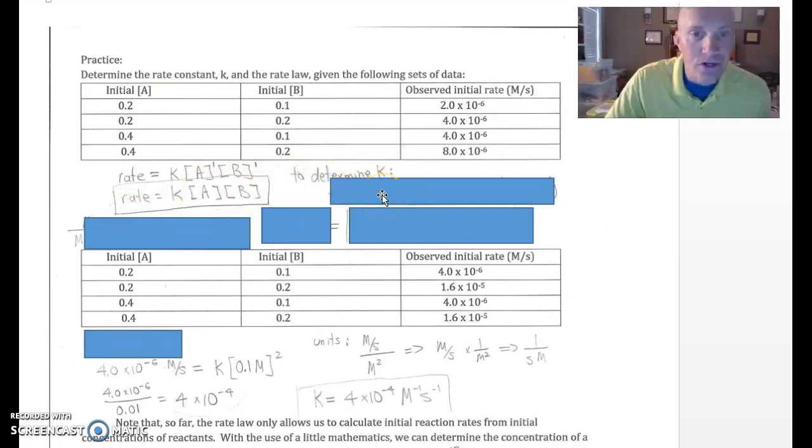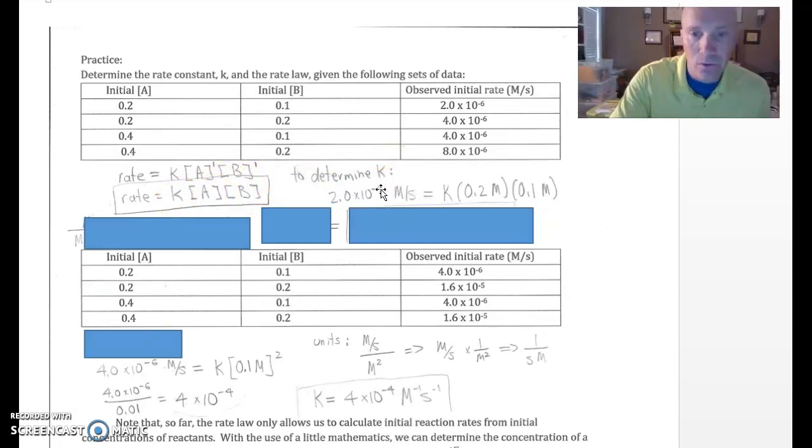In order to determine the actual rate constant here, we are going to start by plugging in our values. And again, we could pick any one of these that we wanted to. I've just chosen the first one. And again, we do the same thing where we calculate the number part separate from the units part.